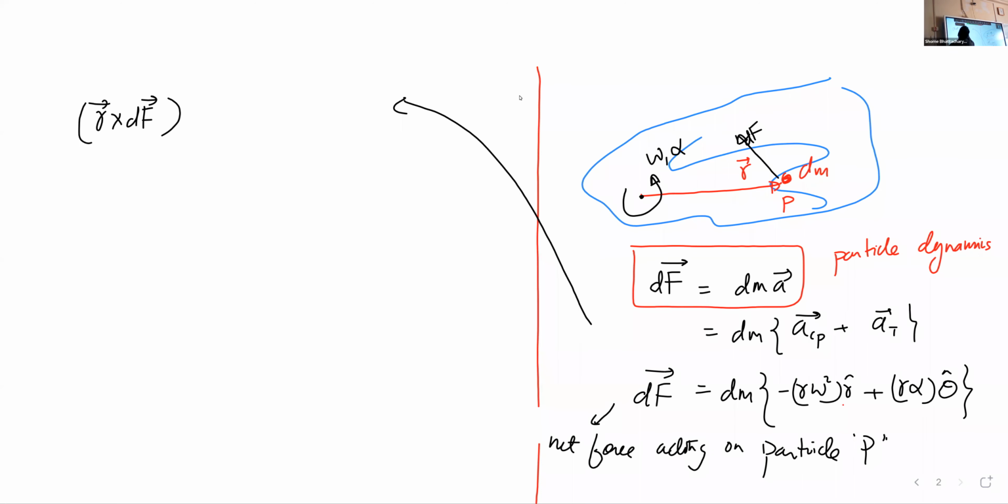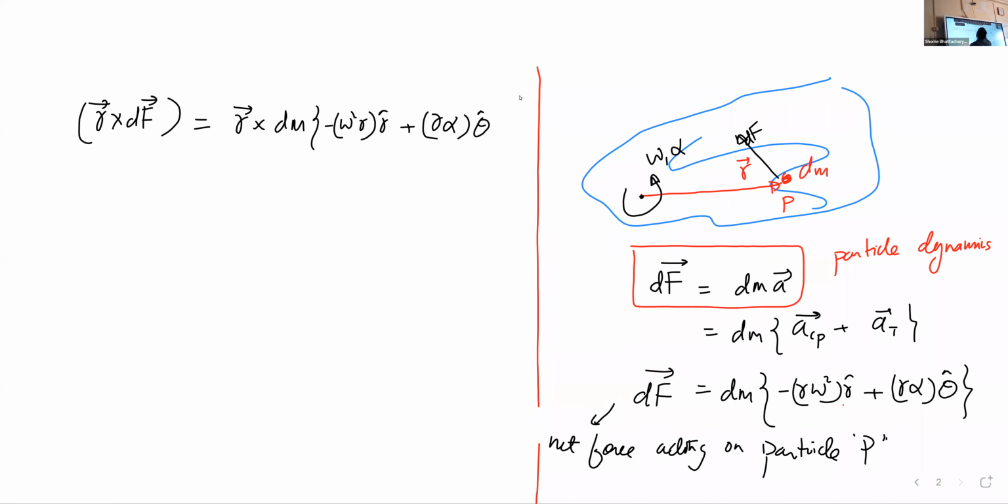And on the right hand side, I'm going to get r cross dm into this whole thing: minus omega square r cap plus r alpha theta cap.